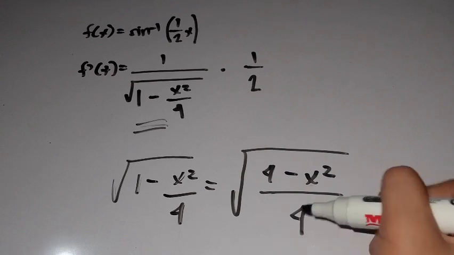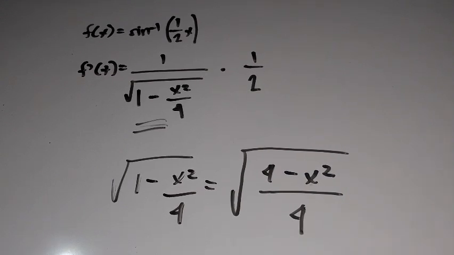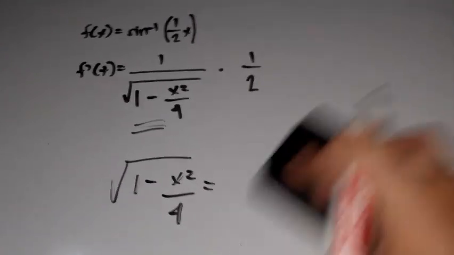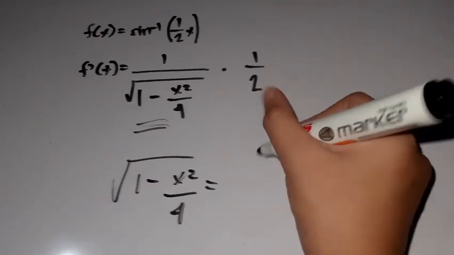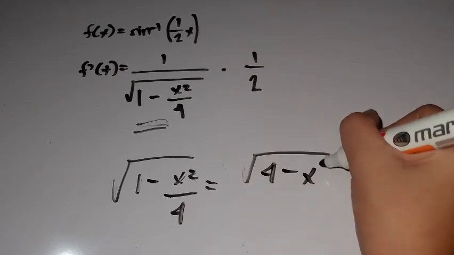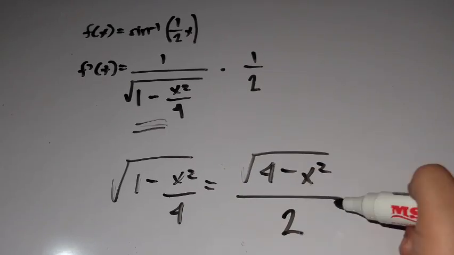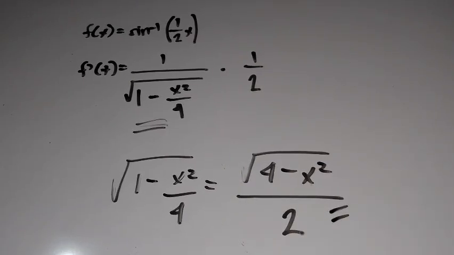But 4 is a perfect square, so the square root of 4 is 2. So the denominator is square root of 4 minus x squared over 2. This is now our denominator.